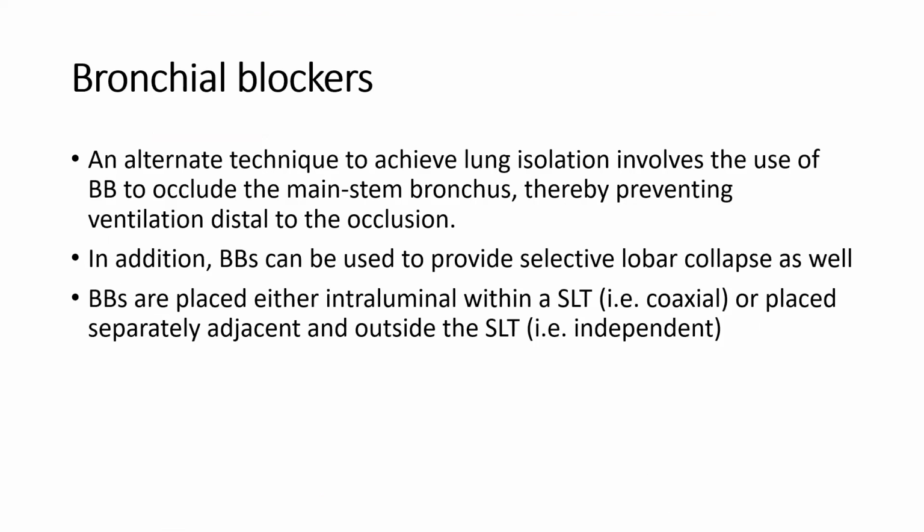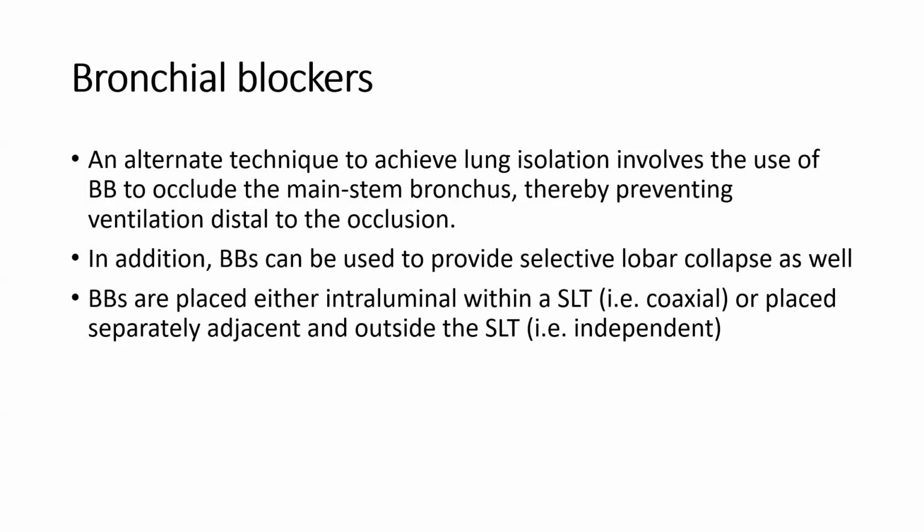The bronchial blocker acts by going through a single lumen ETT to one side of the bronchus that you want to occlude, thereby preventing ventilation to that part of the lung and providing single lung ventilation.